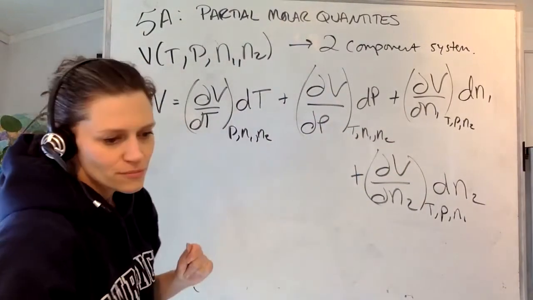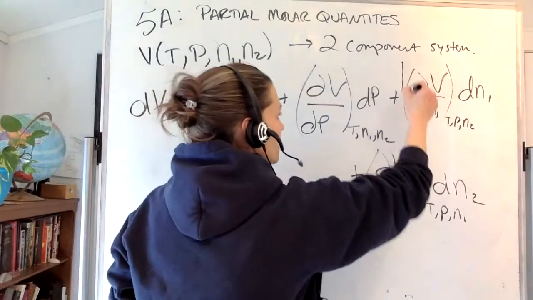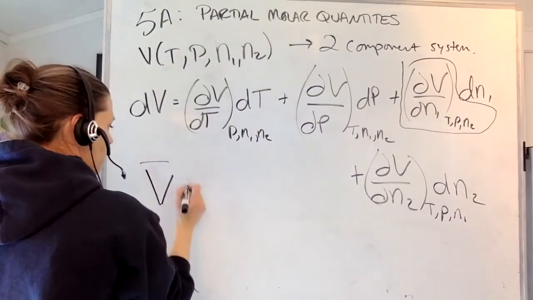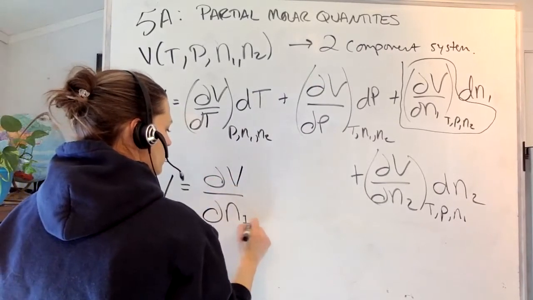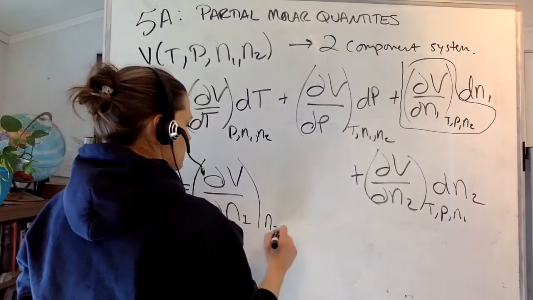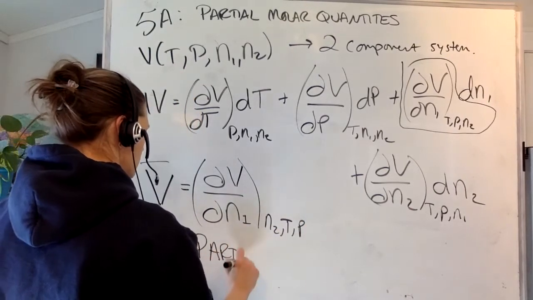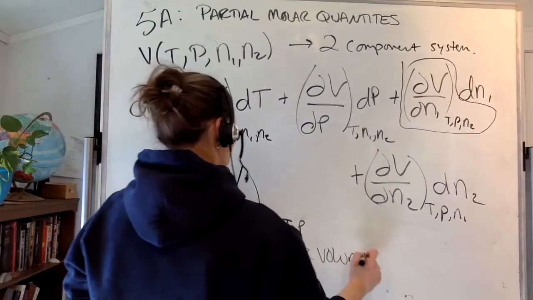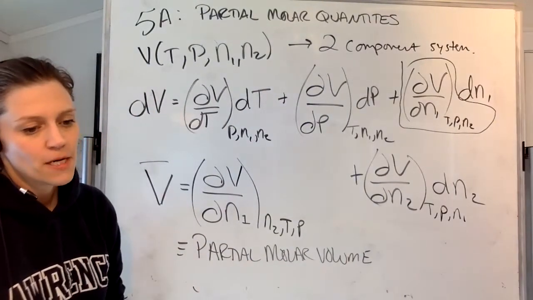Okay, so we are going to define a new quantity. V bar is equal to how the volume changes when I change the number of moles at constant N2, T, and P. This is called the partial molar volume, and is a new quantity we will use to describe our systems.